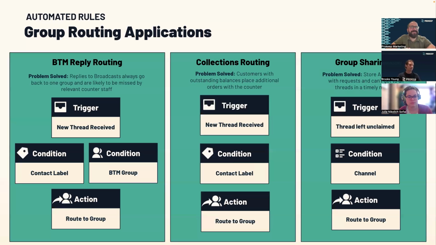This is a great way to route it directly to the person that maybe can jump in there and say, "Hey, Jimmy, I know you want to order 10 more pieces of pipe, but we really need to get this balance taken care of before we do that." So great way to kind of pull that away from counter guy or girl, whoever it may be, and get that taken care of so everybody can kind of go on with their day. So a good use case there.